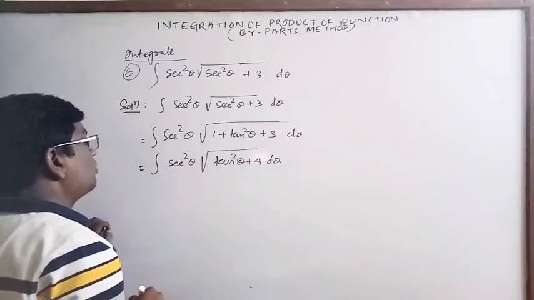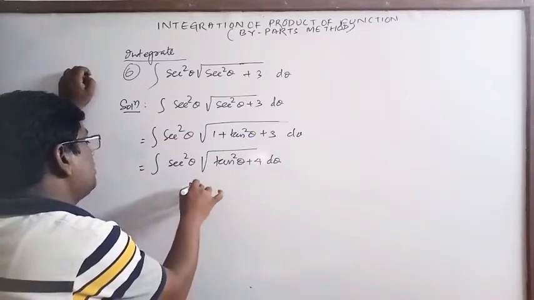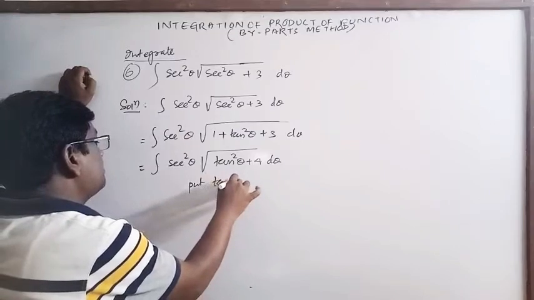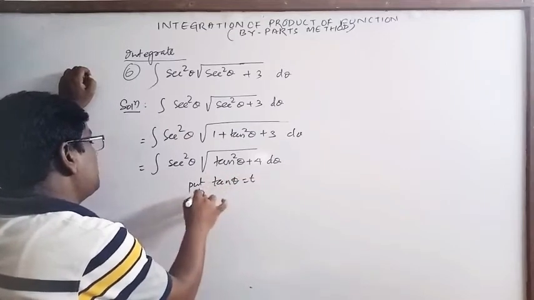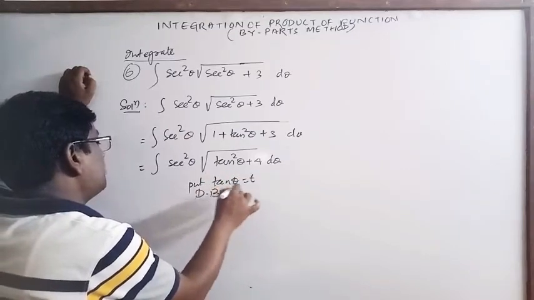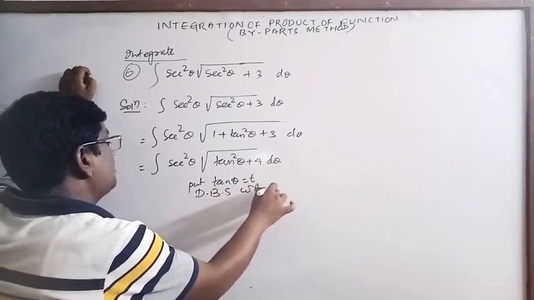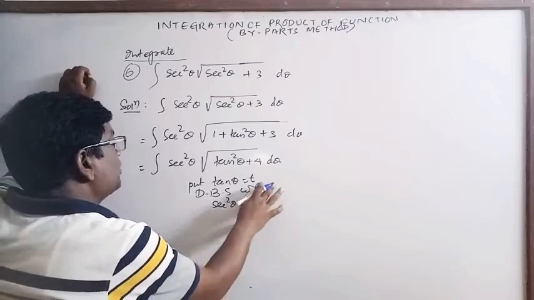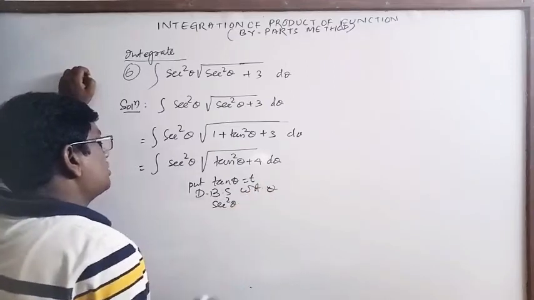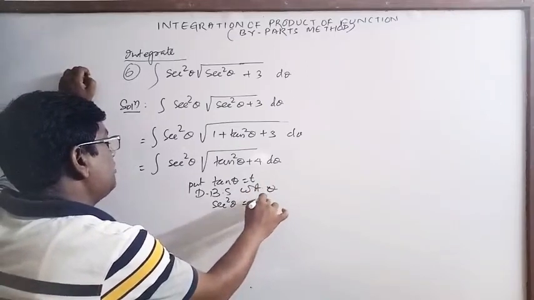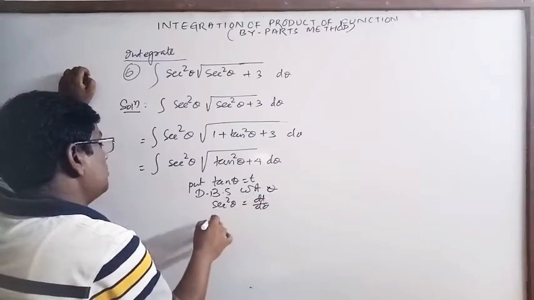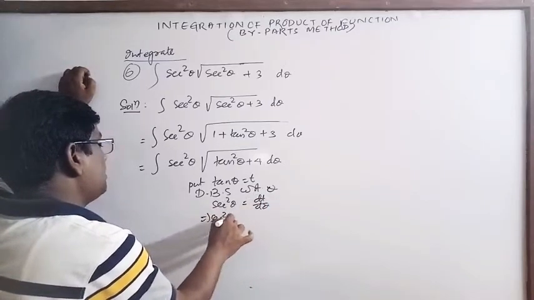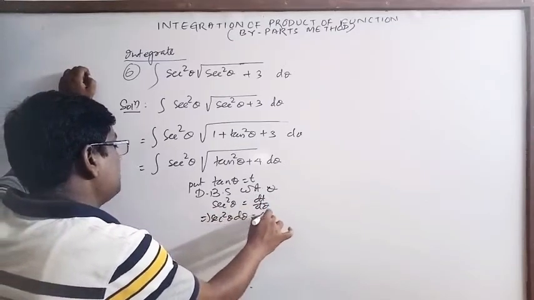Clear? So put tan theta is equal to t, differentiate both sides with respect to theta. So sec square theta dt by d theta, so sec square theta d theta is equal to dt.